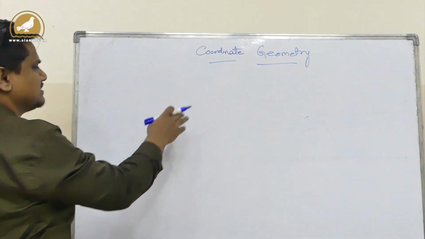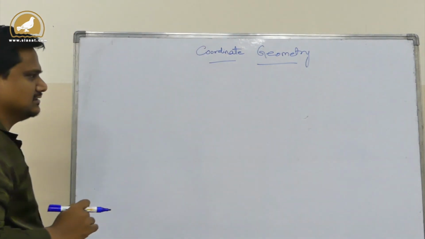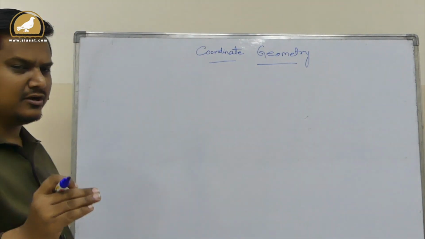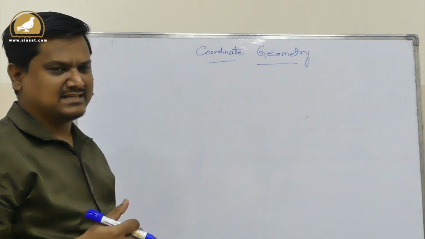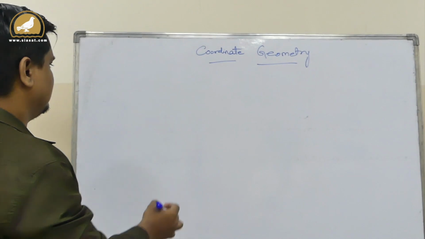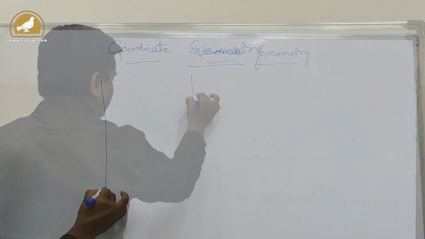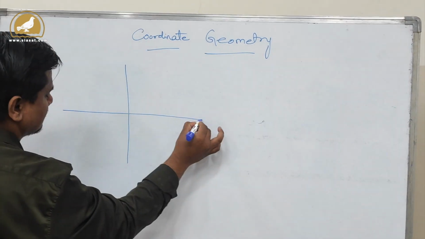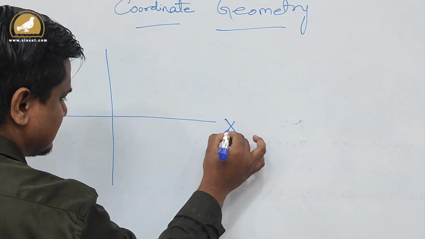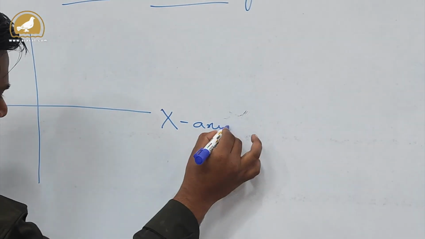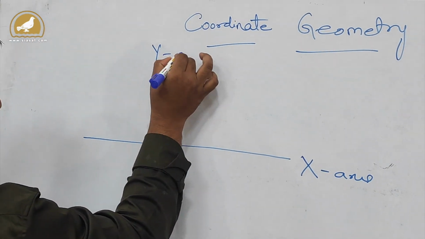So first we need to understand what this coordinate geometry is. Before going into the details, we need to first understand what is an axis, what is the x-axis, what is the y-axis. In two dimensions, we have two axes, the x-axis and the y-axis.